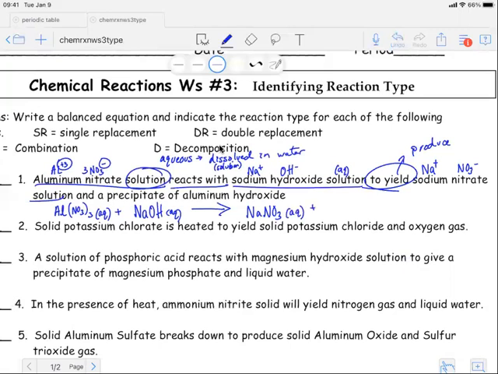And then finally, a precipitate, and a plus. Precipitate, okay. If you don't know what a precipitate means, it's a solid. So without getting into too much complicated detail about the chemistry behind it, basically a precipitate is when you mix two solutions together and you form something that's not able to dissolve in water.